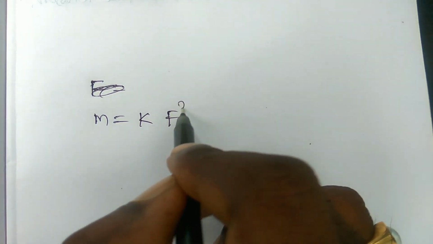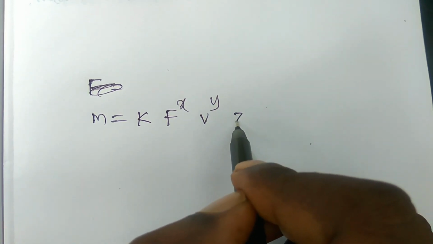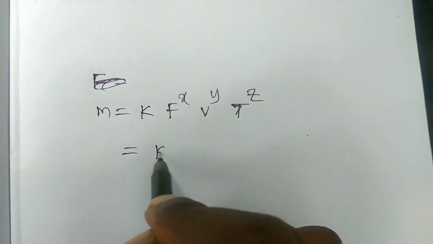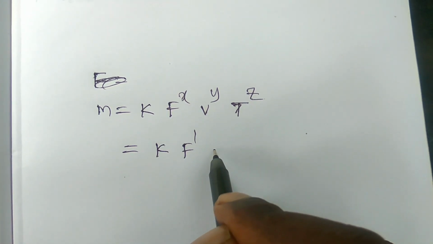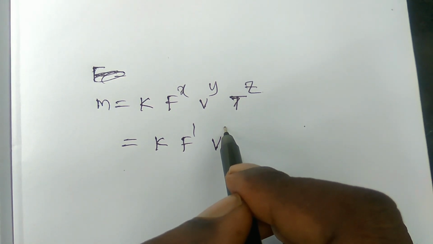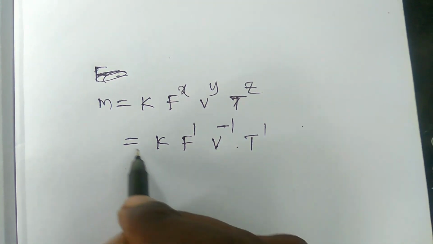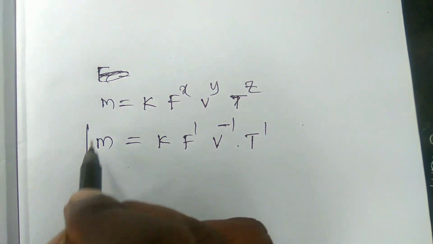Okay. Therefore, you can write the basic equation. Force, it is equal to, mass is equal to k into f power x, v power y, t power z. Where x is equal to 1 and y is also equal to minus 1 and z is equal to 1. So this is the expression for the mass.